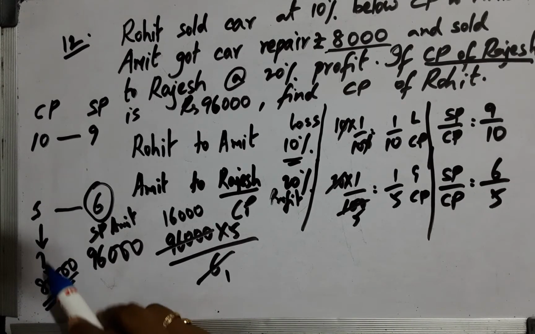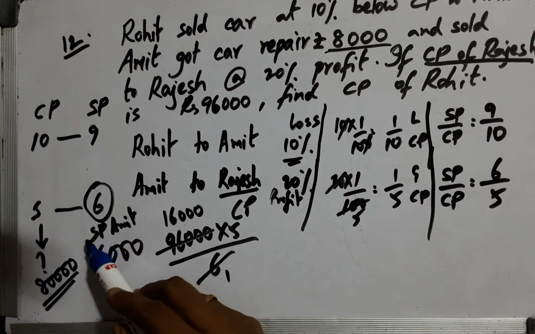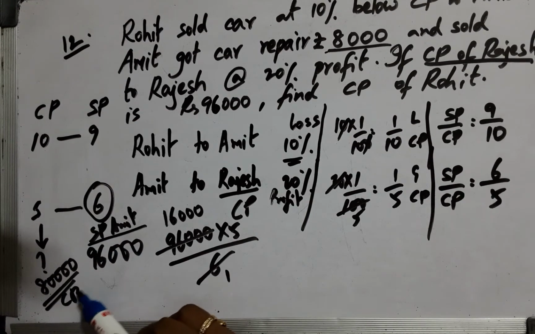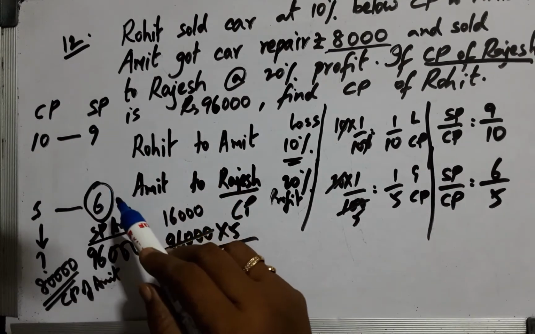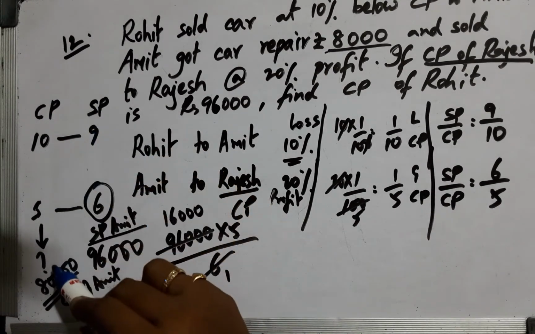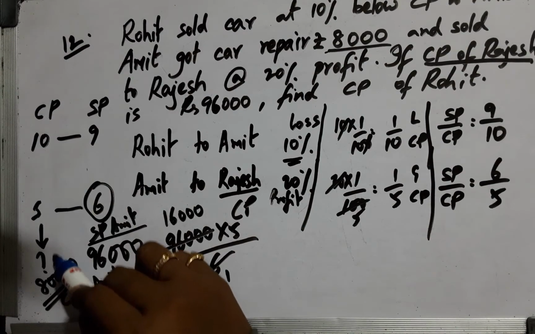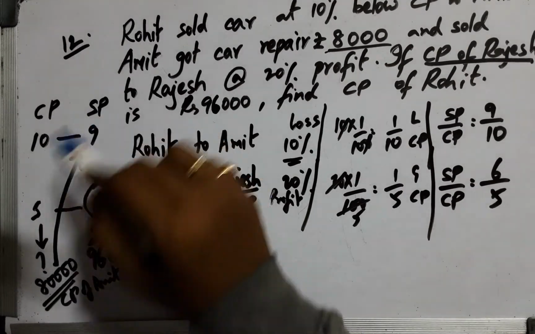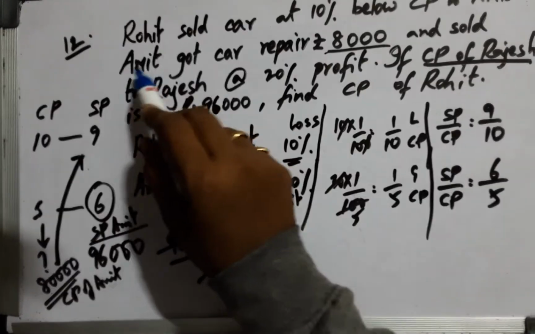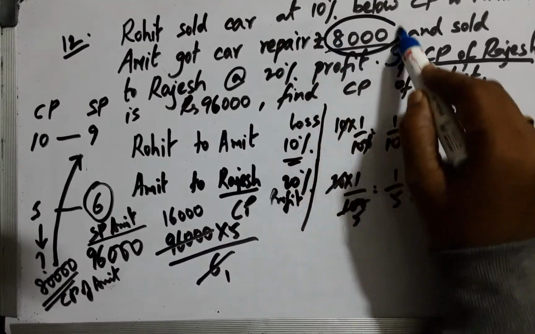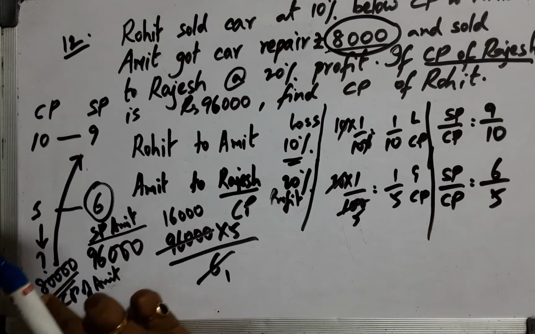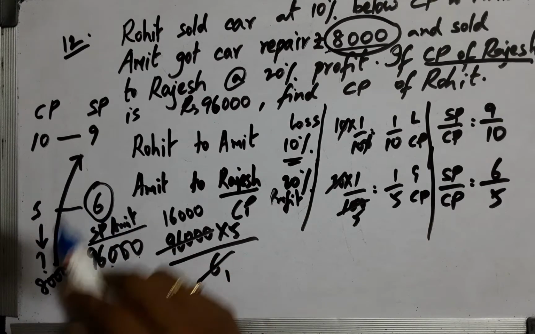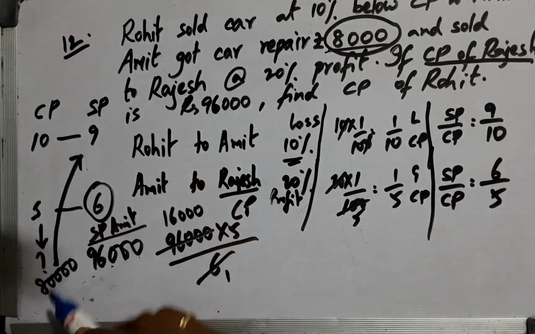Now 80,000 is the CP of Amit. The CP of Amit will be the SP of Rohit, but this amount is not the SP because Amit has also incurred 8,000 towards repair. So 80,000 less 8,000 will be the SP of Rohit.